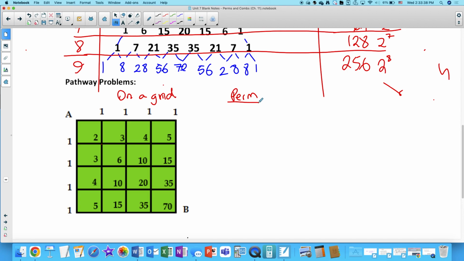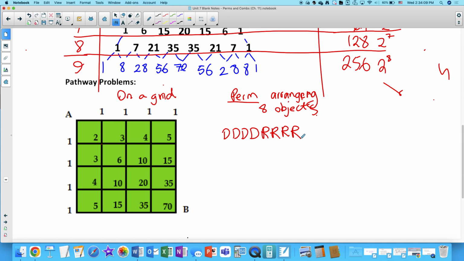So as a perm, you're arranging 8 objects. But some of them are identical, right? So there's down, down, down, down, and right, right, right, right. The way that we figure out the number of permutations when some of the objects are identical is we start with what if they weren't identical?